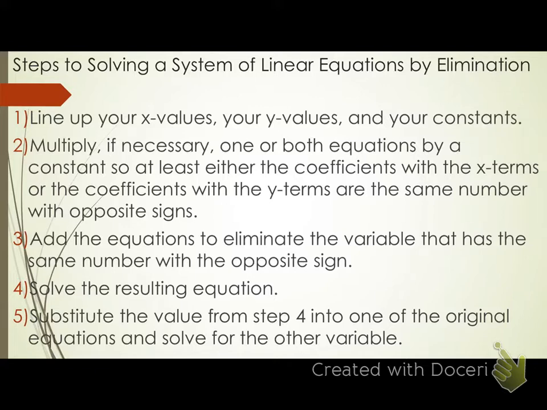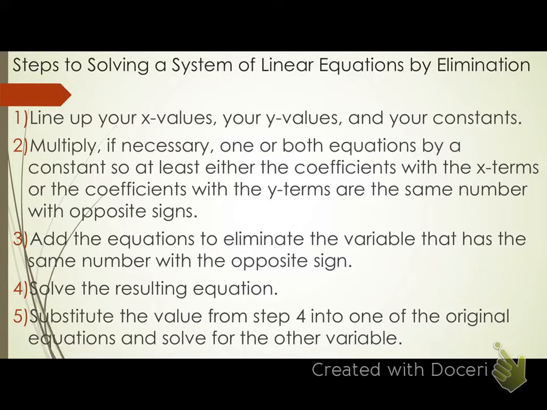What do I get with all those? If I have 3 and I add negative 3 to it? 0, right? That's why this is called elimination, because when I get that same number opposite sign, it eliminates that variable for me.